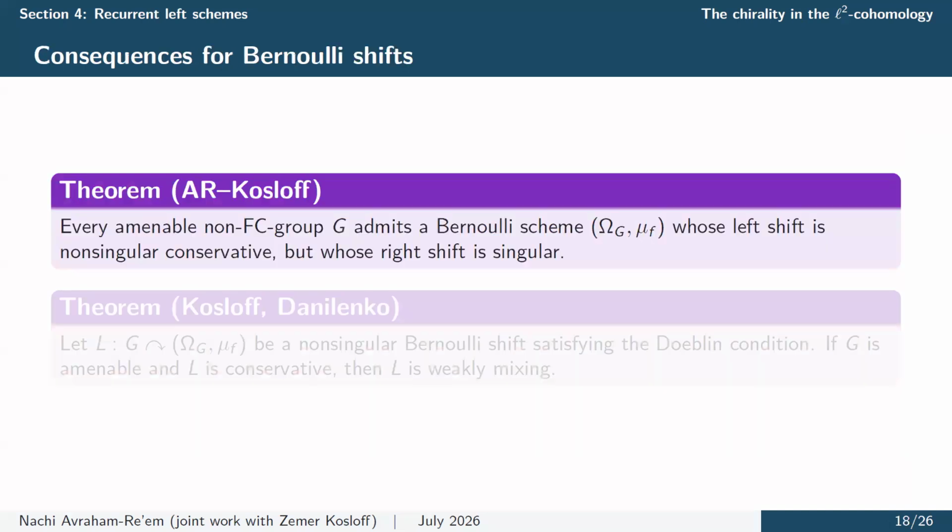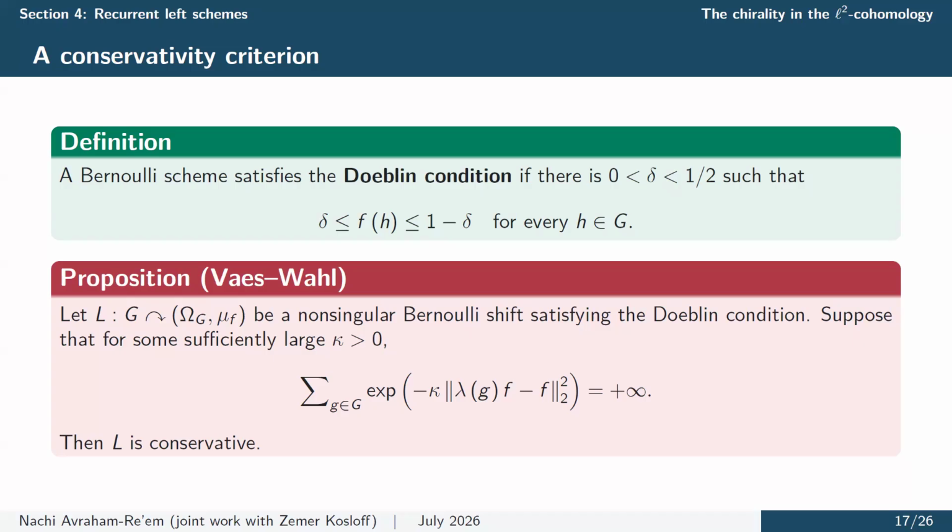So I want now to tell you that I wanted to construct a Bernoulli scheme which is left non-singular but not right non-singular. But I do want to do it in a meaningful way.